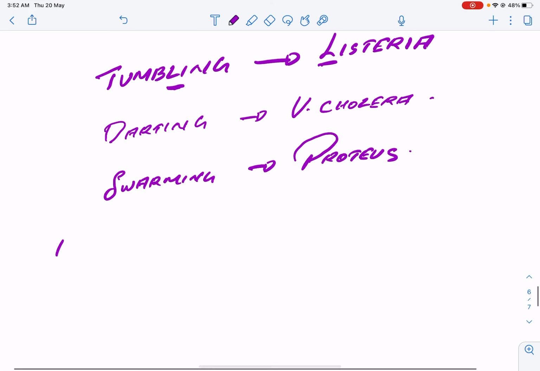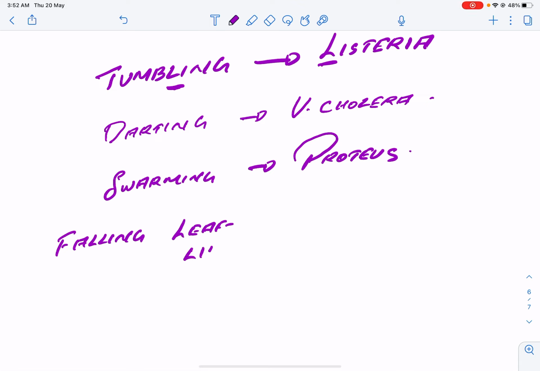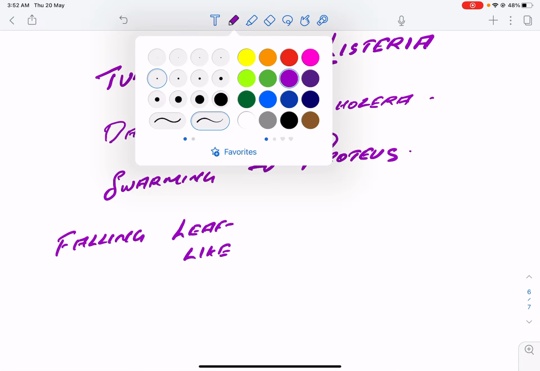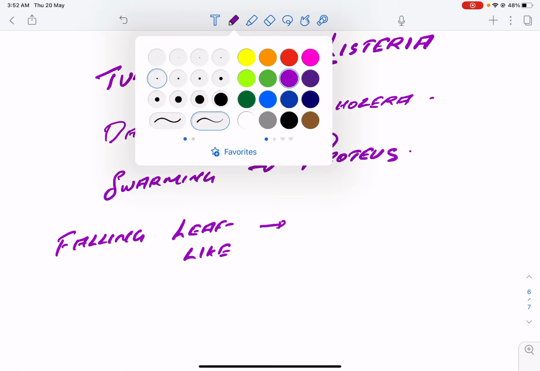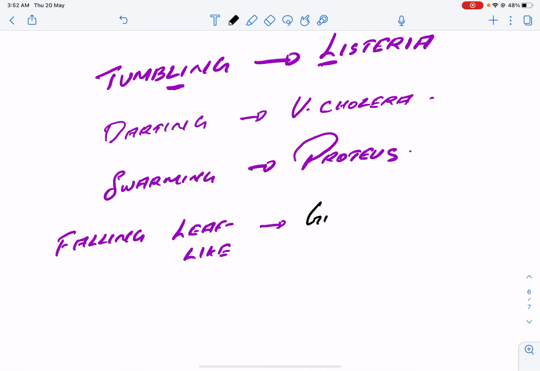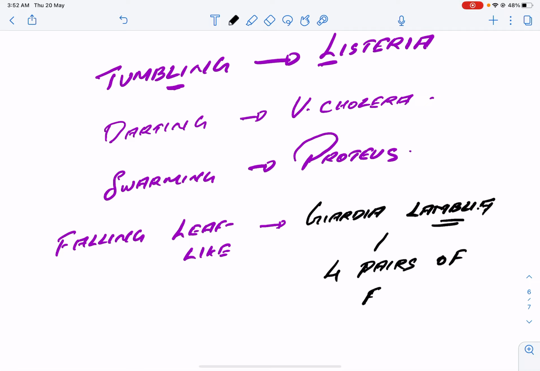Then there is something called falling leaf-like movement. Who will show that falling leaf-like movement? Remember Giardia lamblia. And this Giardia lamblia has four pairs of flagella.